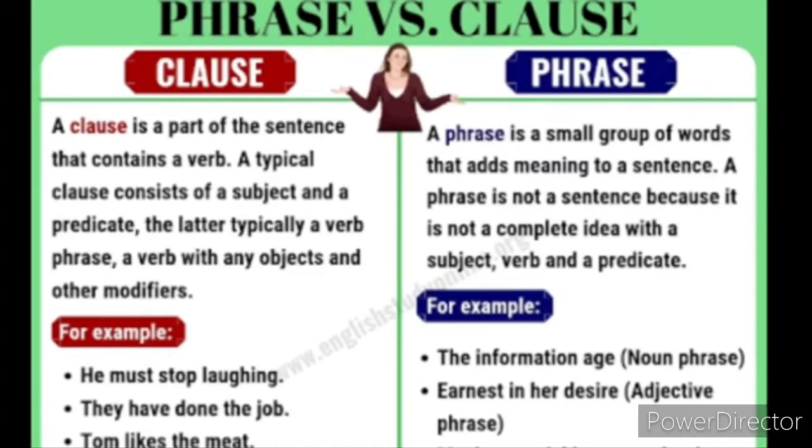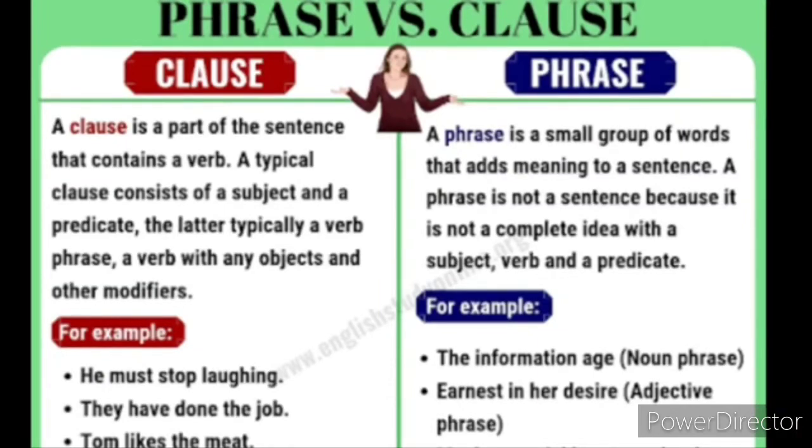And the third one, Tom likes the meat. So here also in the third sentence we have subject and predicate and it gives complete meaning. So in a sentence when it has subject and predicate and when it gives complete meaning, then it is known as clause. So be clear about this clause, children.